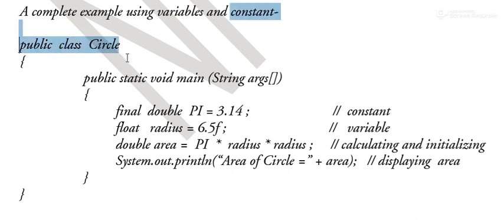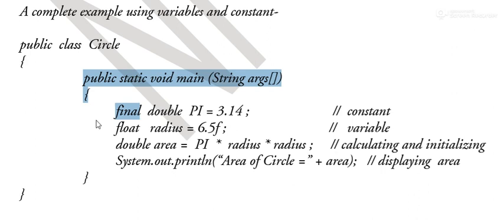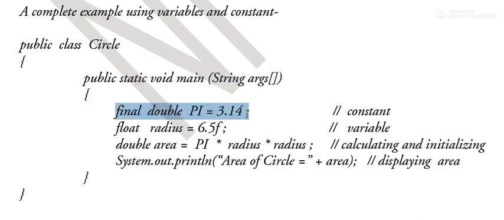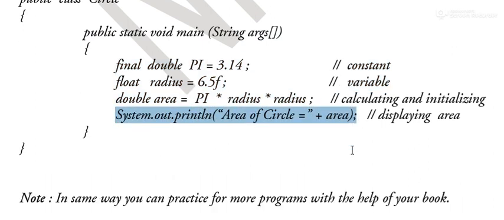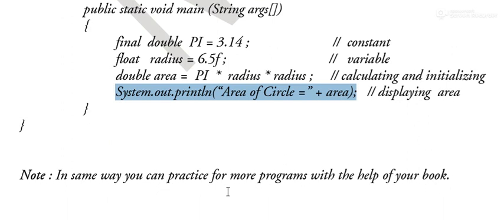First we write the name of the class, then public static void main, then start the curly bracket and declare the variables whatever we have to store or calculate, write the formula, and at last display the result. In the same way you can practice more programming with the help of your book.